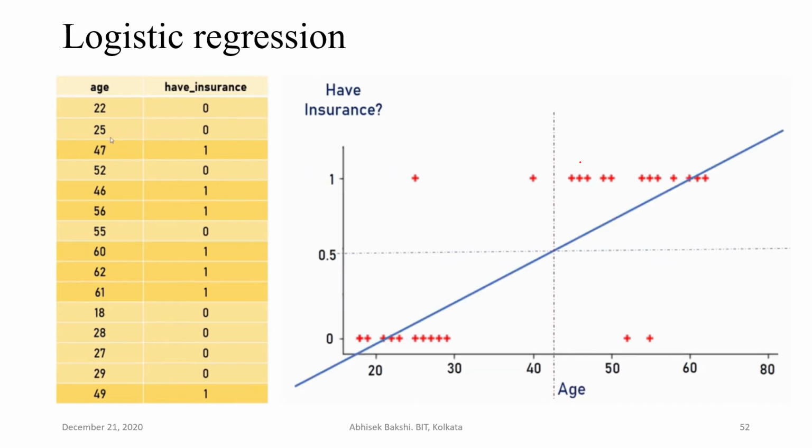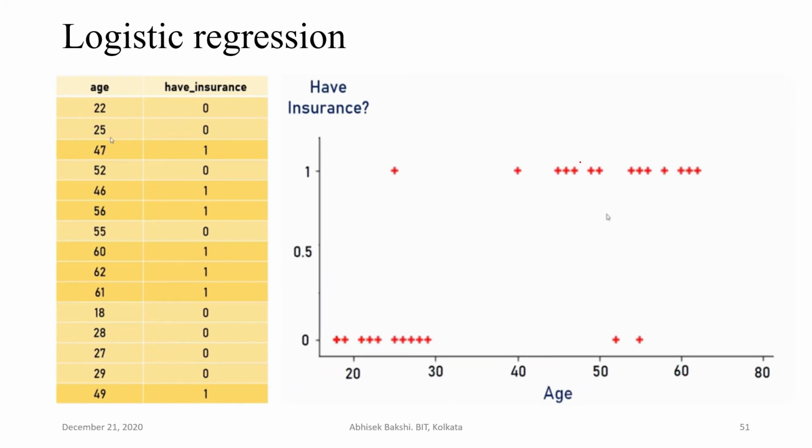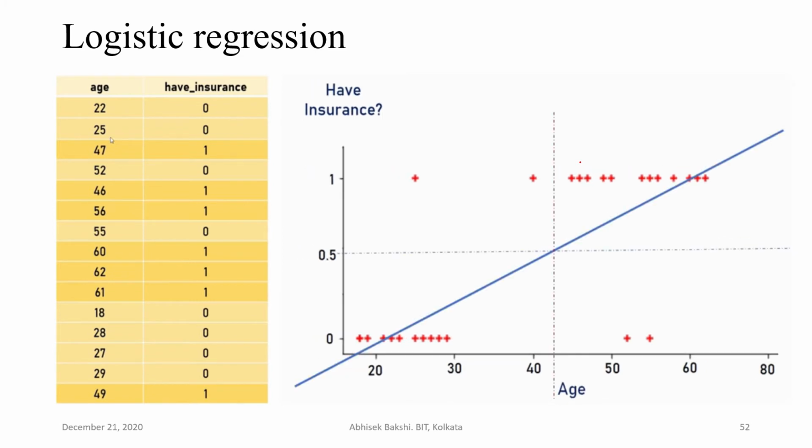It can be something like this, right? So one thing that we can say is, okay, just take a 0.5 point through the curve. If I assume that this curve is representing the probability of getting insurance or not, then if the probability is greater than 0.5, we will consider it as 1.